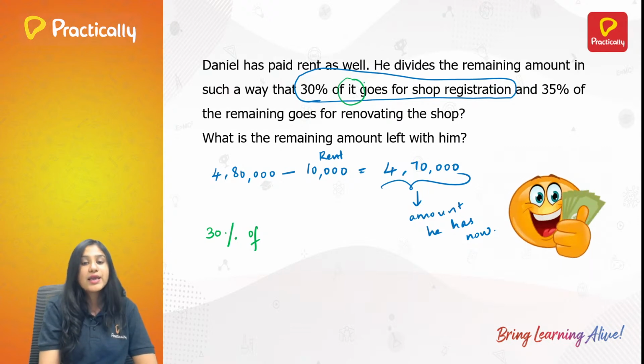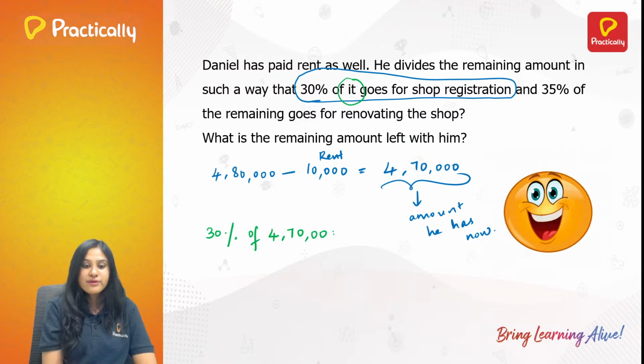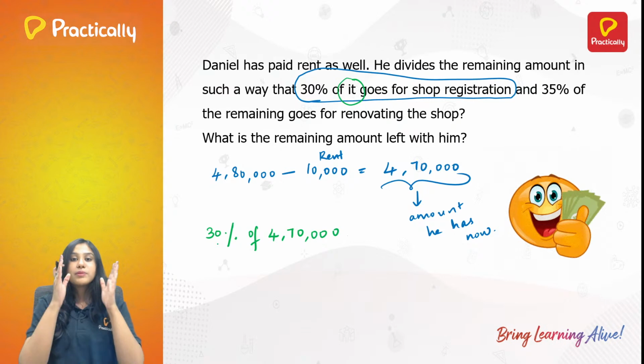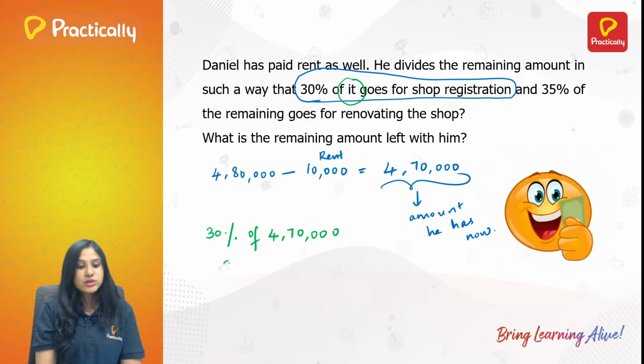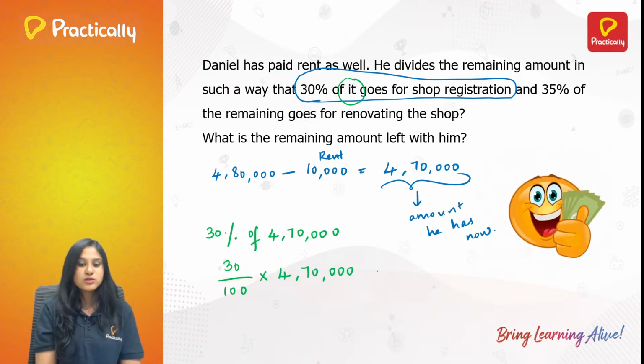What is it here? The amount he has now. So 30% of 4,70,000. How do we calculate again? Percent is nothing but per 100. So 30 by 100 into 4,70,000. So what do we get?